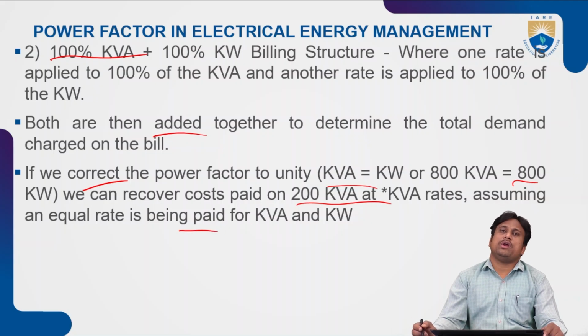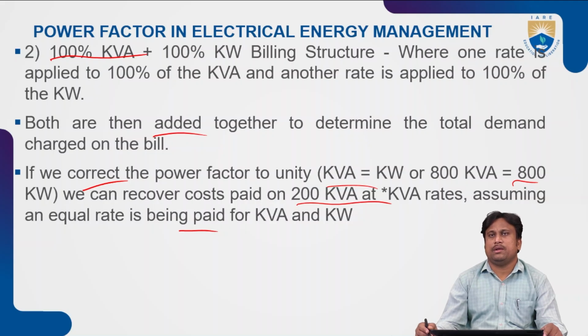That means we need to correct the power factor to unity. Otherwise, the power factor cannot be operated properly. So this should be treated as the equivalent kilowatts when we recover the cost paid on the particular amount. We should assume equal rates are paid for the kVA and kilowatts.